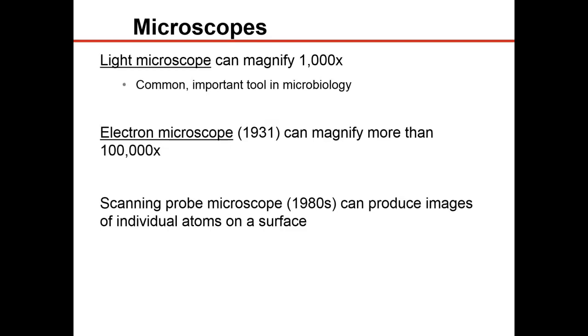And then we have increased their function. In the 1980s, we produced scanning probe microscopes. They can identify individual atoms on the surface of a cell. So, I mean, super strong microscopes. We're going to focus on light microscopes because these are what we use in our labs.